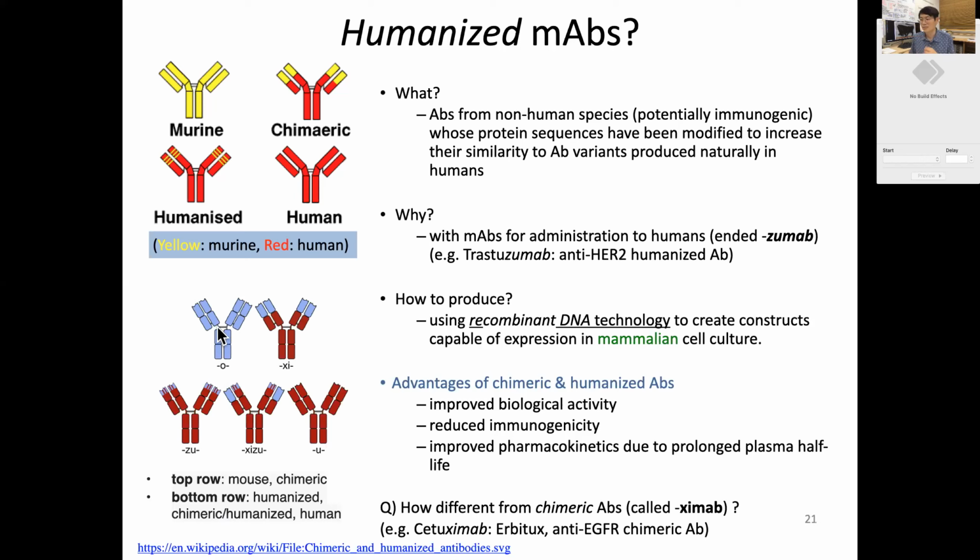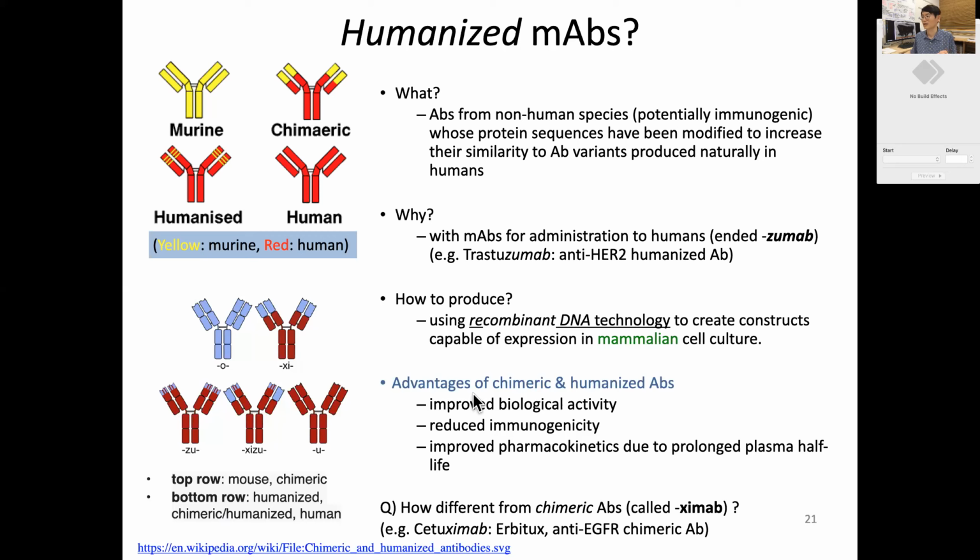So this blue means mouse, and this brown means human. The top row shows some pure mouse, and this is chimeric because the Fc region is now replaced with human ones. So that's chimeric. And even in these antigen binding sites, some parts can be replaced, as humanized. So this is humanized. And even fully human is existing.